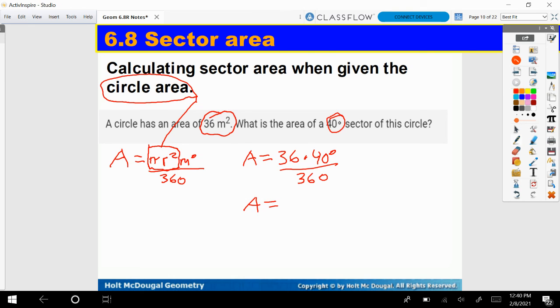All right, so it really just shortens up our formula a bit. Multiply these up here, divide by 360, and you should end up with an area of exactly 4 meters squared. All right, so that would be how we would calculate it if we're given that piece of information.